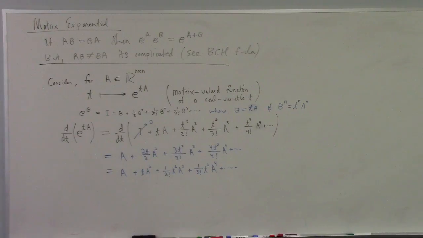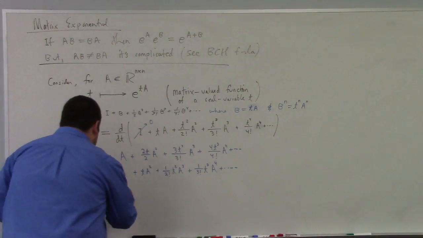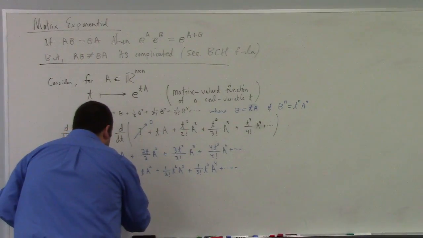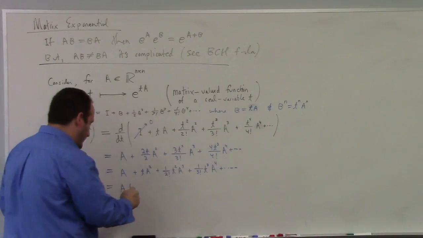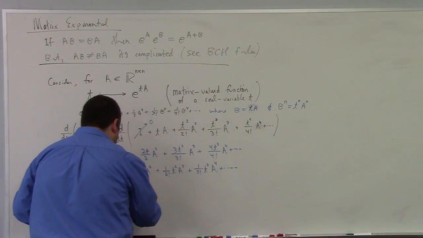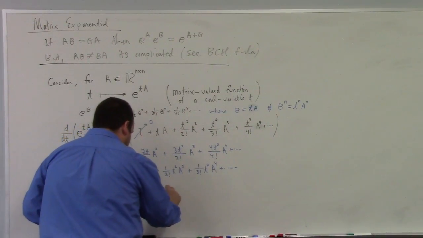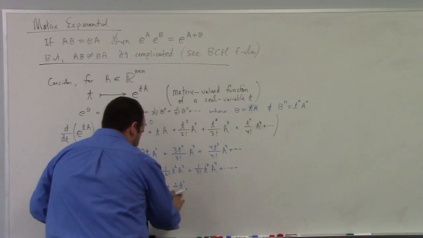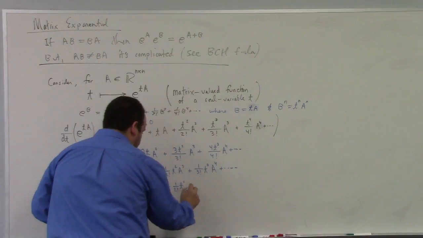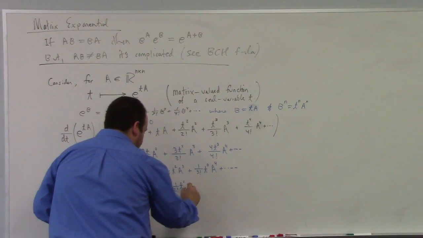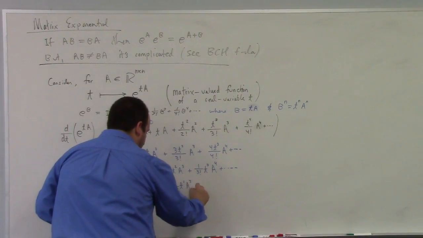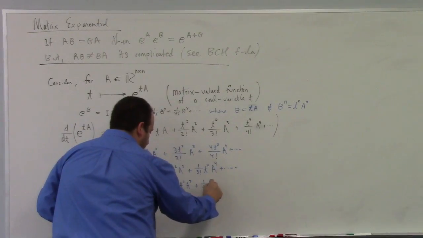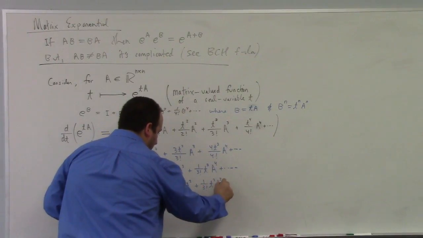So I think we've got a pattern here, right? You can peel out, and you can go either to the right or to the left, whatever floats your boat. I'm going to pull it out to the left, but you could just as well have pulled the A out to the right. If I pull it out to the left, I've got A times I plus ta plus 1/2 factorial t squared a squared plus 1/3 factorial t cubed a cubed plus dot dot dot.